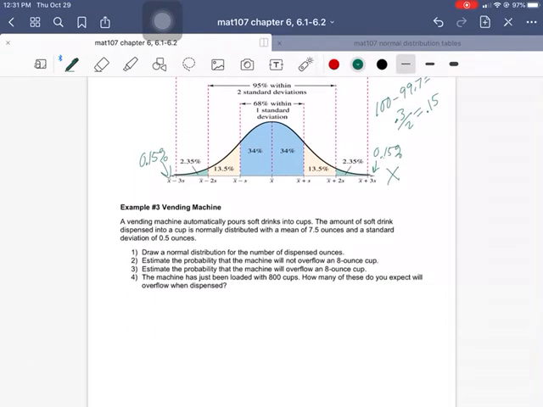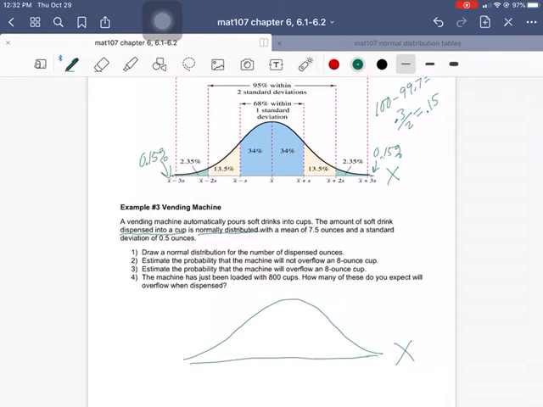So let's look at this little example here. We have a vending machine that pours soft drinks into cups. The amount of soft drinks dispensed into a cup is normally distributed. So that means its distribution of dispensing liquid into a cup can be shown on a continuous probability distribution X scale.